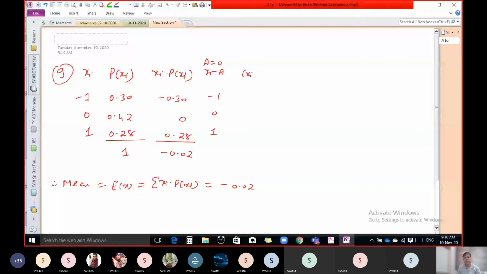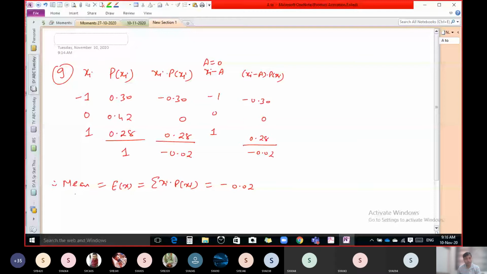So xi minus a into p of xi. Minus 1 into 0.3 is minus 0.3, this into this is 0, and this into this is 0.28. So here we get minus 0.02 once again, so mu1 dash is also minus 0.02.